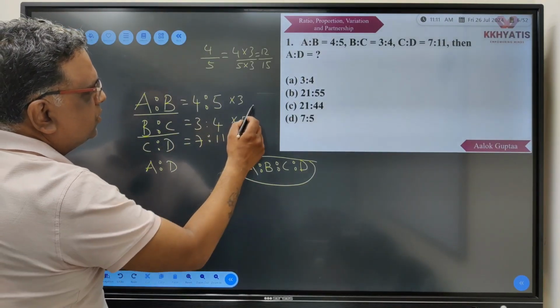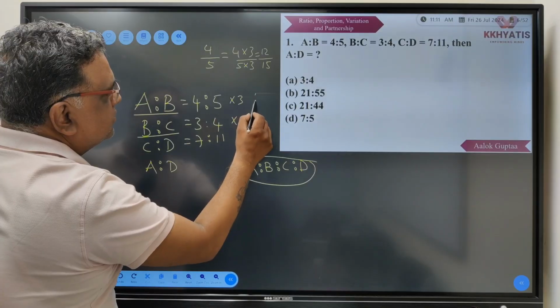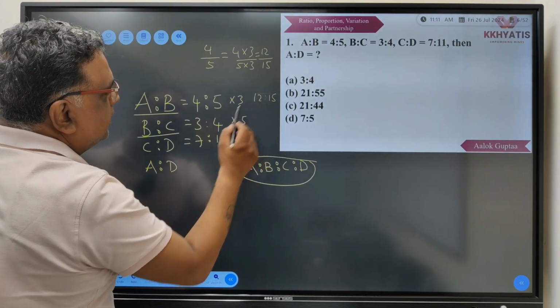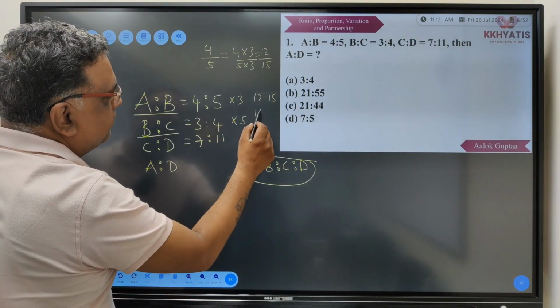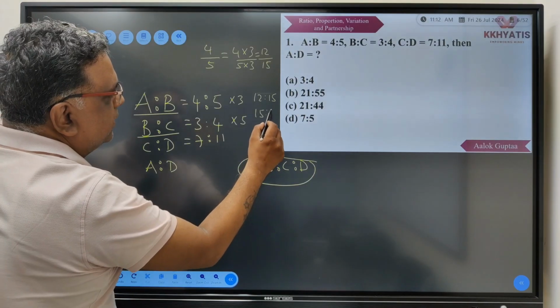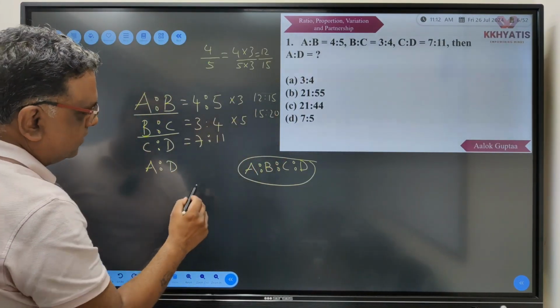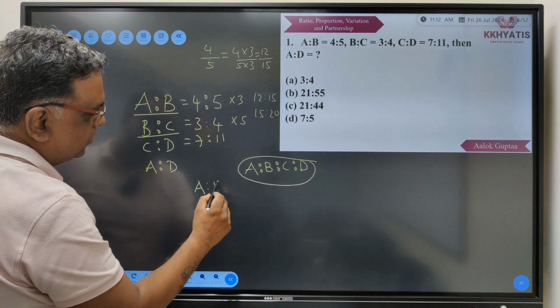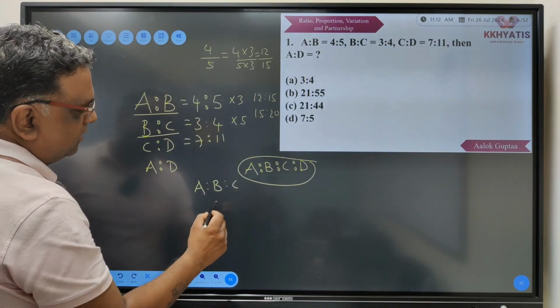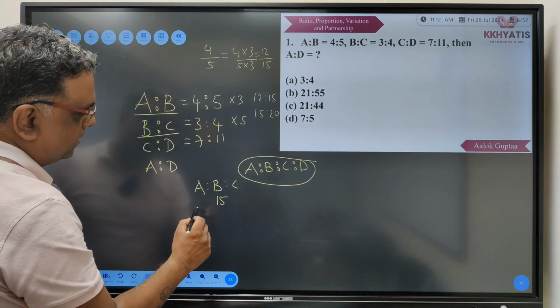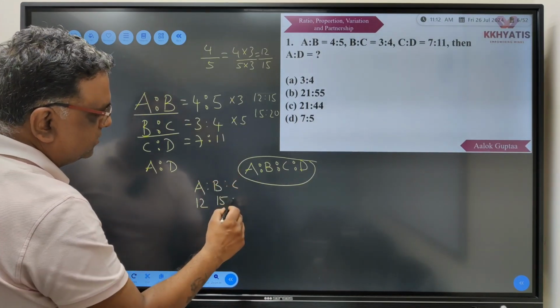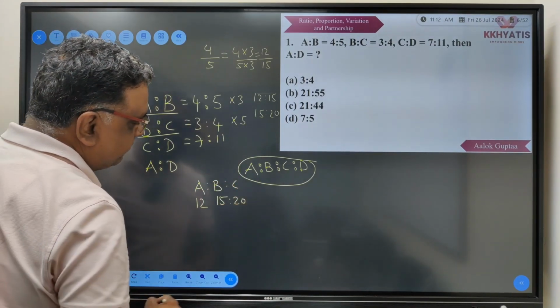So now the new ratio here will become 12 is to 15 and this will become 15 is to 20, correct? So what happened here is my ratio A is to B is to C, now 15 became same, and this is 12 and that is 20. So this is how it is.